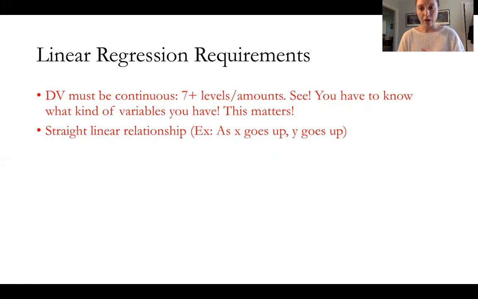A scale that goes above 7 points, that's continuous. There's lots of continuous stuff. But this is where you actually have to know what continuous means. If you try to do a linear regression with a dummy variable that just has a 0 or a 1 for your dependent variable, this will not work. So actually knowing those classifications really matters.